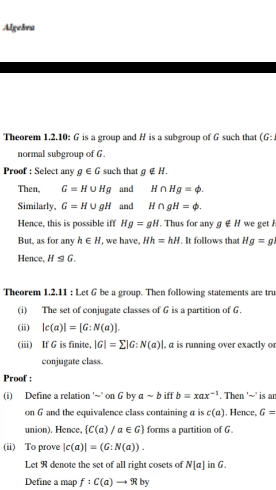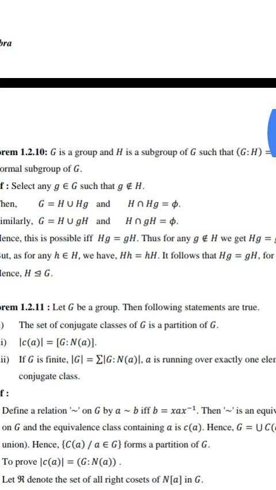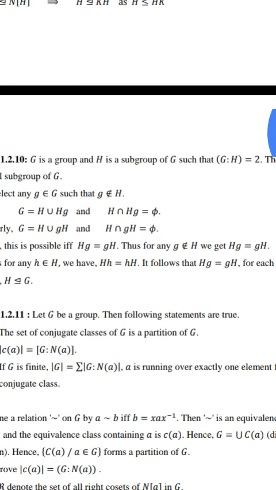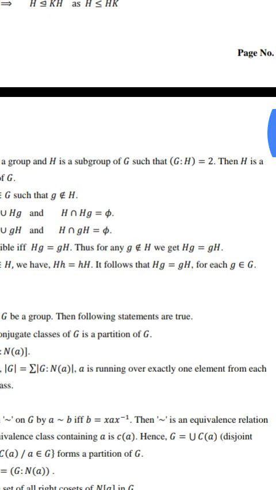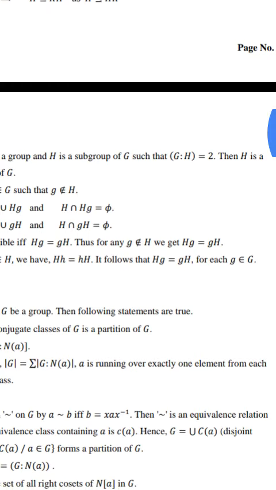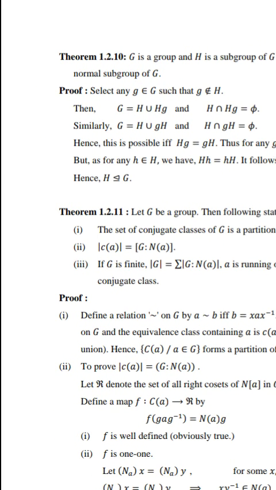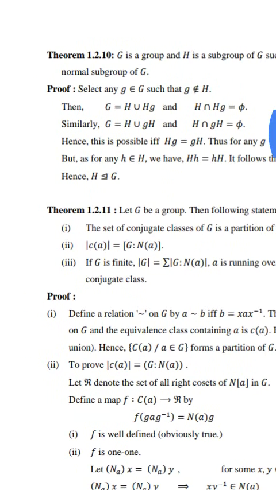Next theorem. Let G be a group and H a subgroup of G such that the index of H in G is equal to 2. Then prove that H is a normal subgroup of G. For proof, suppose that g belongs to G such that g does not belong to H. Then G is equal to H union Hg and H intersection Hg is empty.